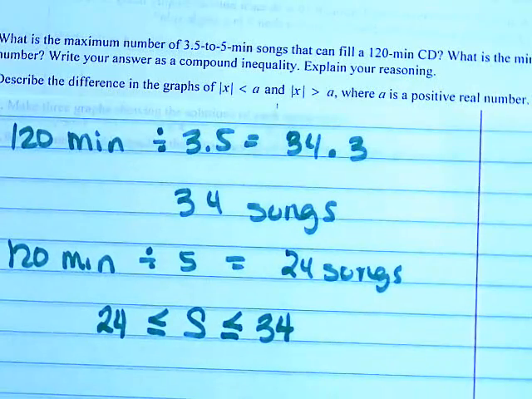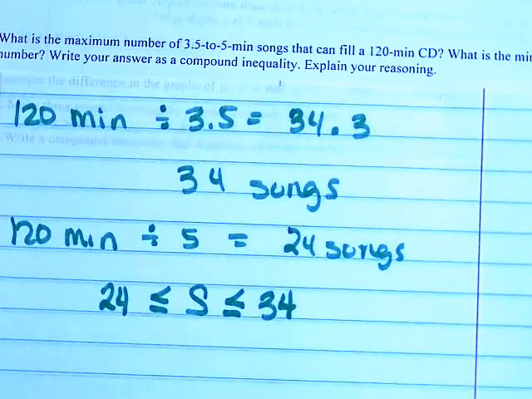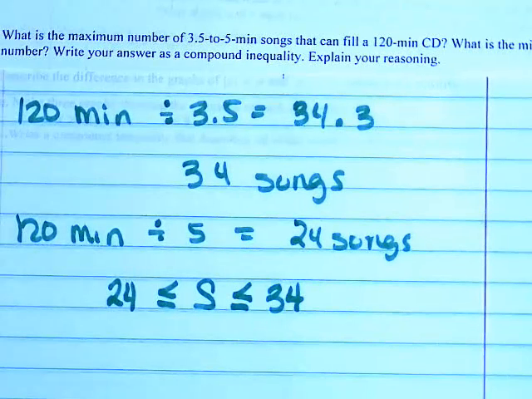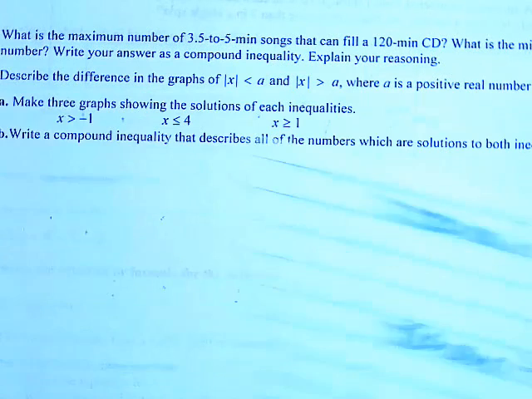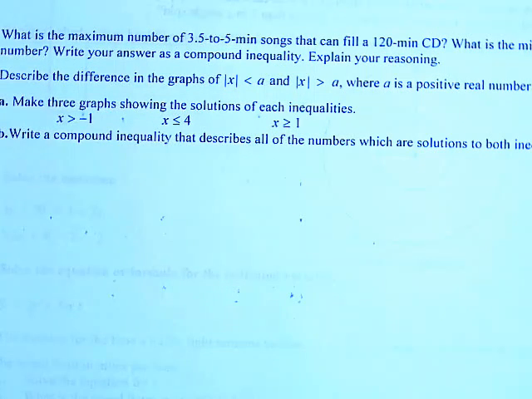Okay, so the number of songs on one list has to be greater than or equal to 24 songs, less than or equal to 34 songs. Make sense?